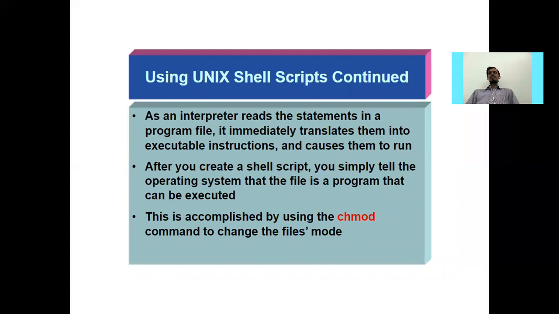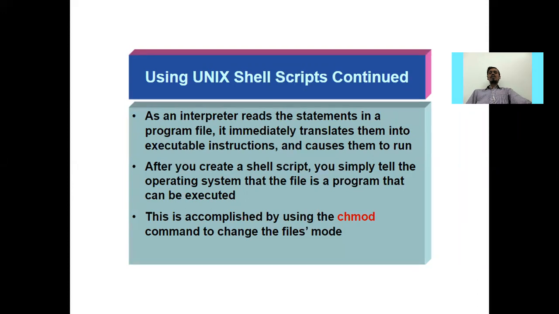Next slide: as an interpreter, it reads the statements one by one in a program file and immediately translates them into executable instructions and causes them to run. The Unix shell interprets commands one by one in the program file and immediately translates them into executable instructions and gives them to execute or run.